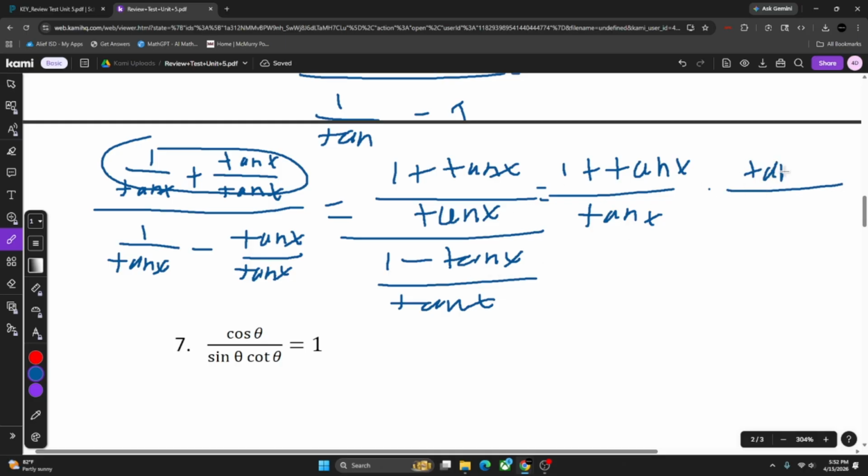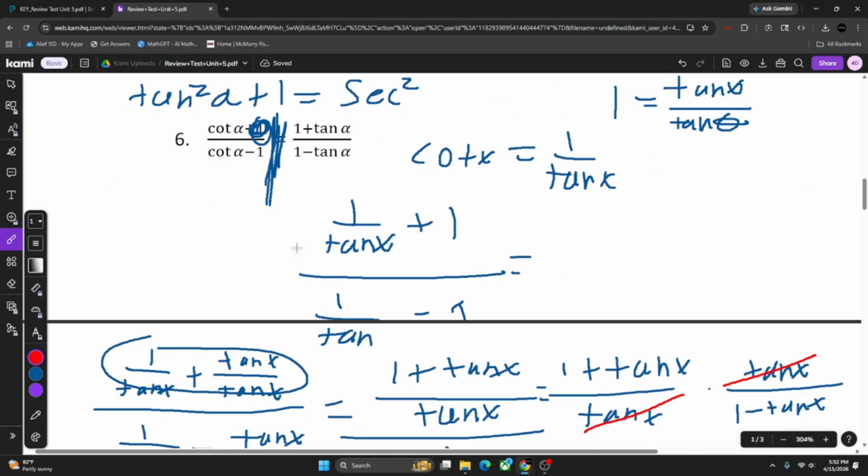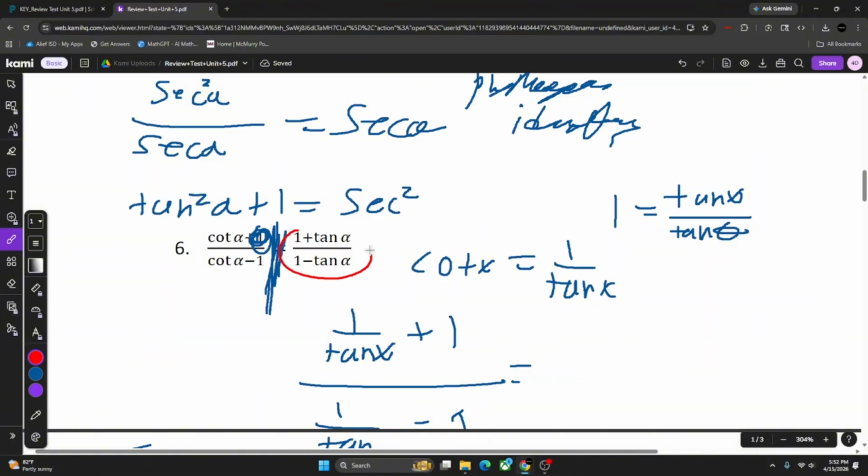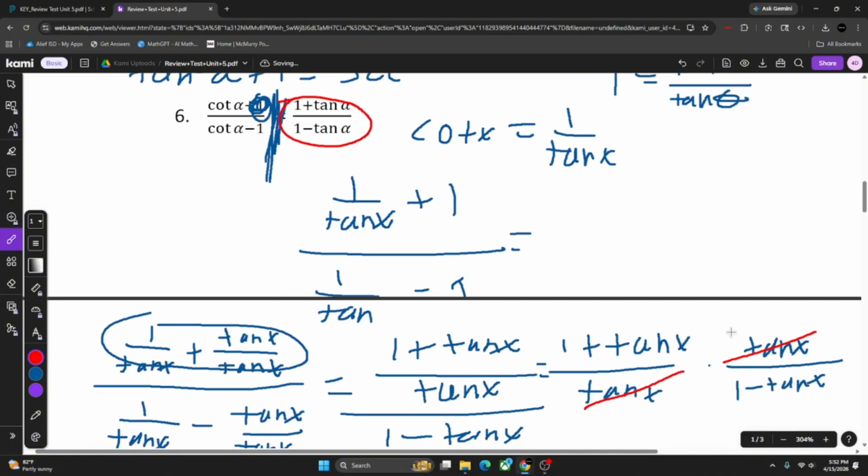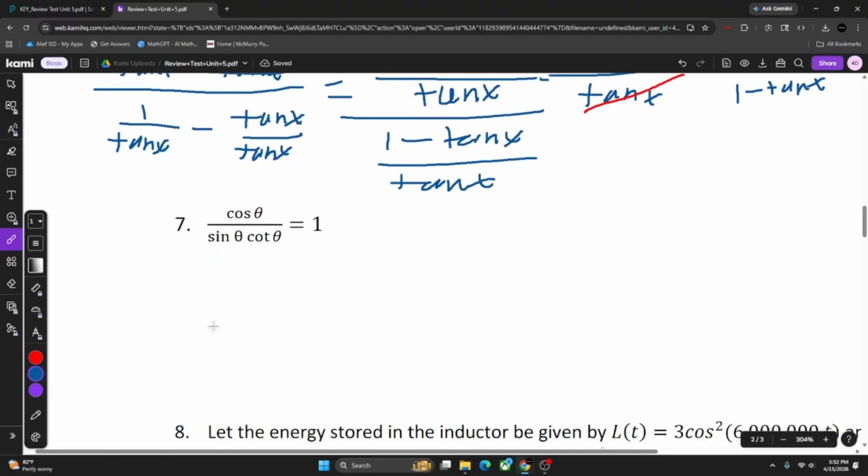It's kind of weird, but it just cancels out. I don't really know how to explain it. And then you just go back and write that it's the same. All right, next question, number 7.